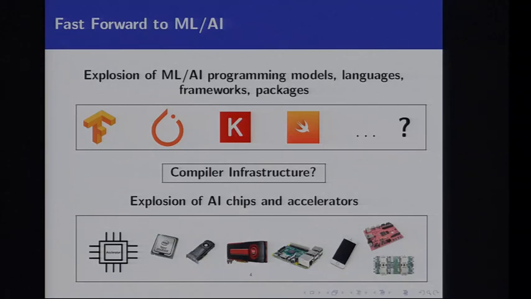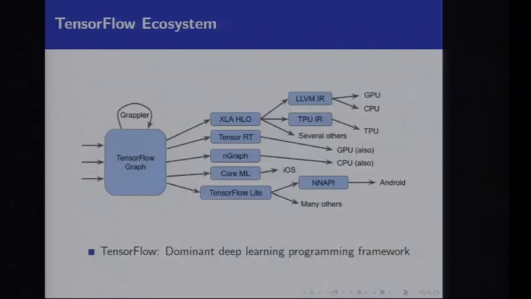And if you look at how things work today for TensorFlow, let's say, which is the dominant deep learning programming model, it has a very complex ecosystem. This slide shows the amount of complexity that's inside TensorFlow. It's about 2.3 million lines of source code. And again, this complexity is undesirable. A lot of experts feel that there's a lot of replication and duplication.